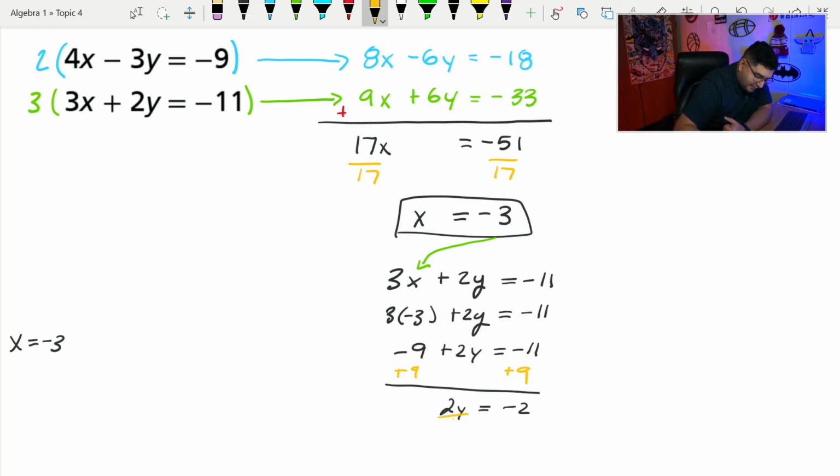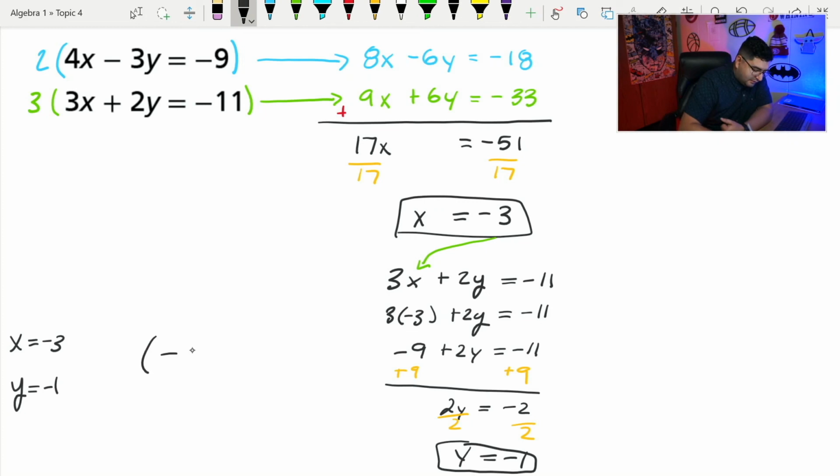We can then divide by 2 on both sides, and we're left with y equals -1. So now for my final answer, I would have -3, -1.